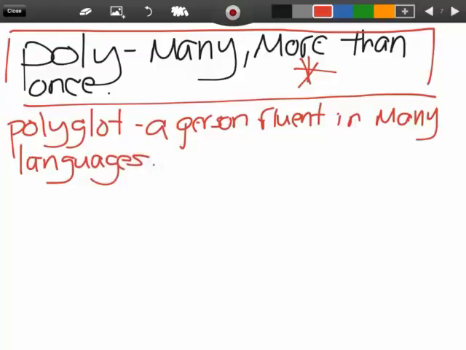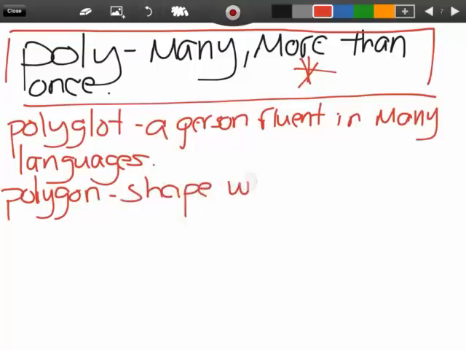Also, I'm going to give you another word, and that is polygon. And the definition is shape with 3 or more sides.